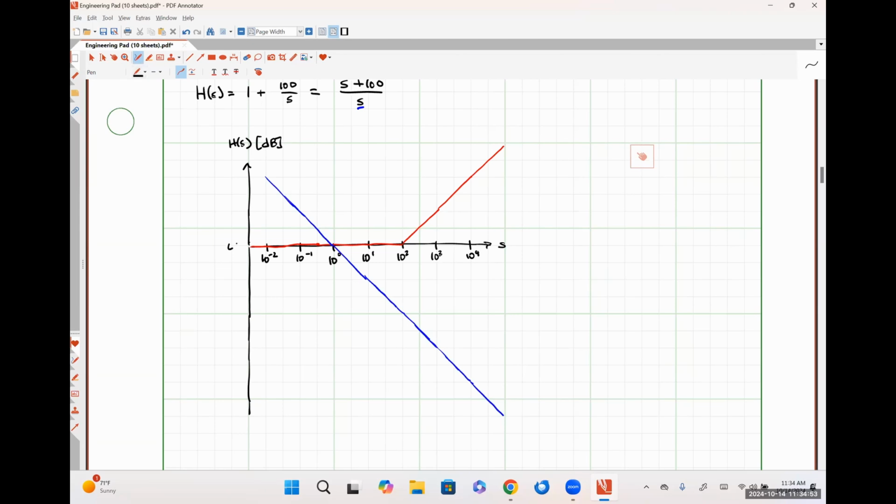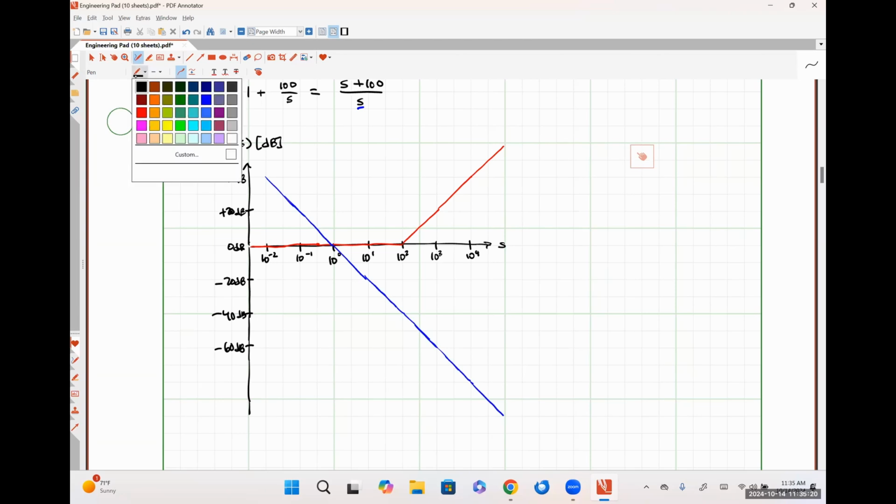So let's make this 0 dB, plus 20, plus 40, minus 20, minus 40 and so on and so forth. Okay. So I have 40 dB plus 0 dB looks like 40 dB. So I'm just going to put a purple dot right here, and I'll connect the dots in a moment.